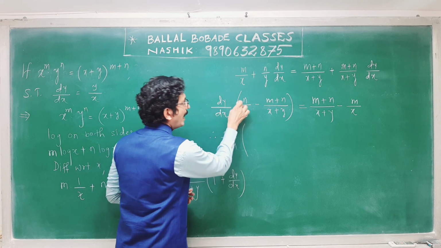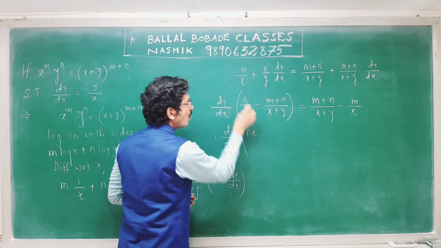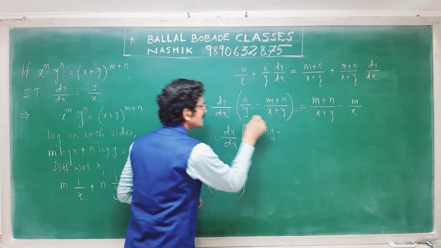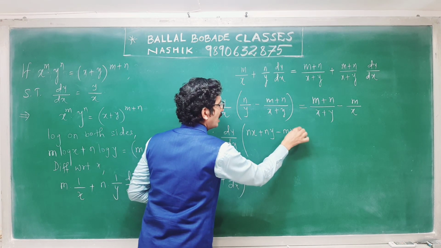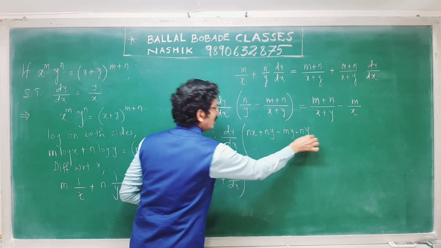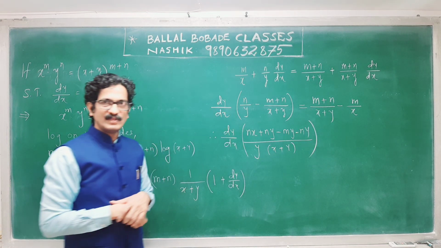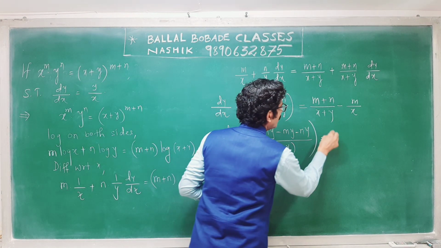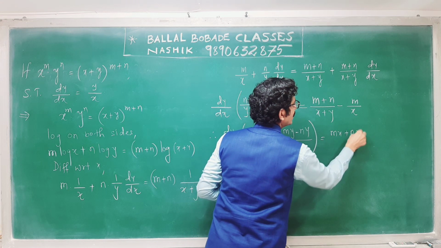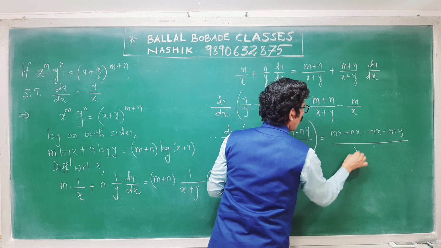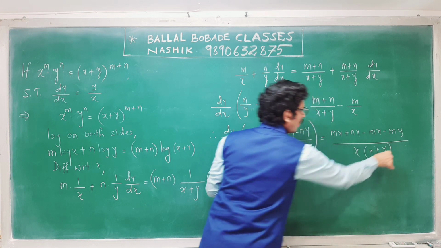What happens? n into x. Have a cross multiplication. n into y. Minus my, minus ny. Is that? Okay. So y into (x plus y). Have a look. It is mx plus nx minus mx minus my upon x into (x plus y).